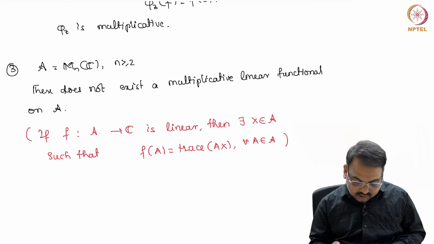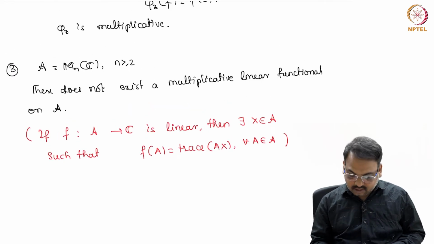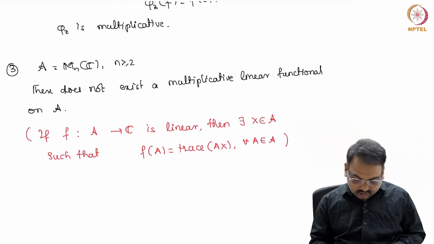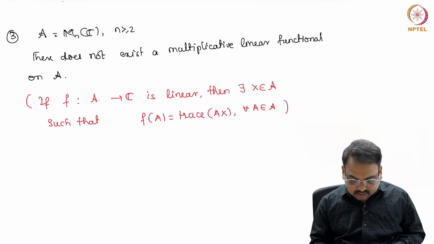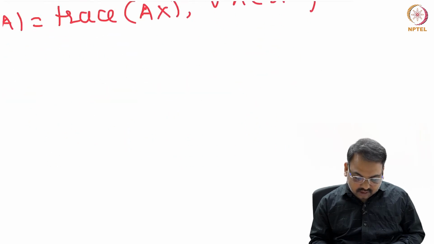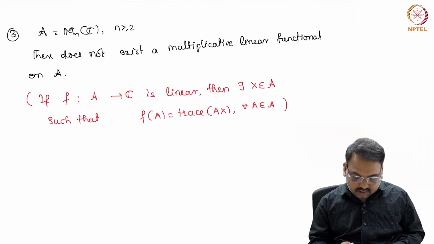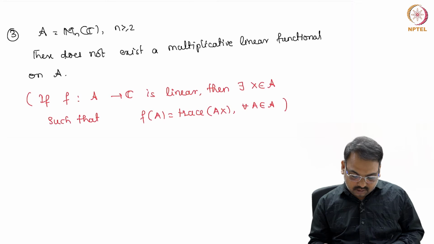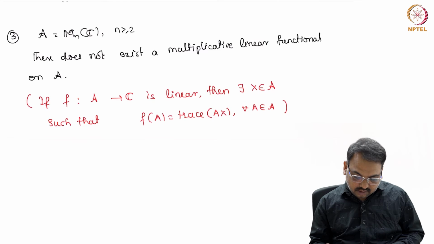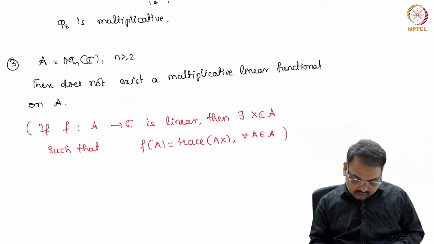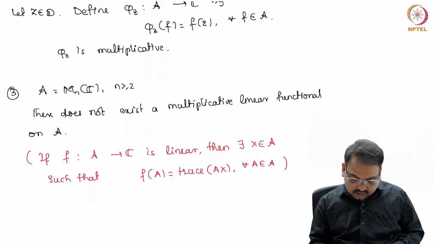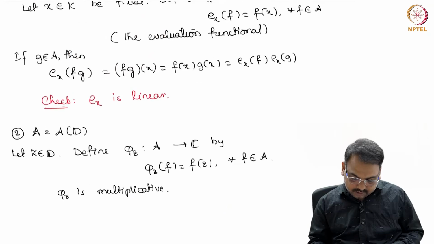That means there does not exist any multiplicative linear functional on M_n(C). This example is very interesting because we can easily show that other than A itself, it cannot contain any non-trivial ideal.